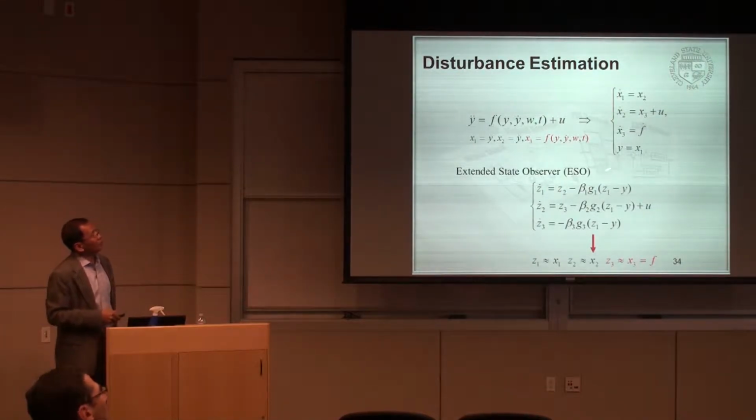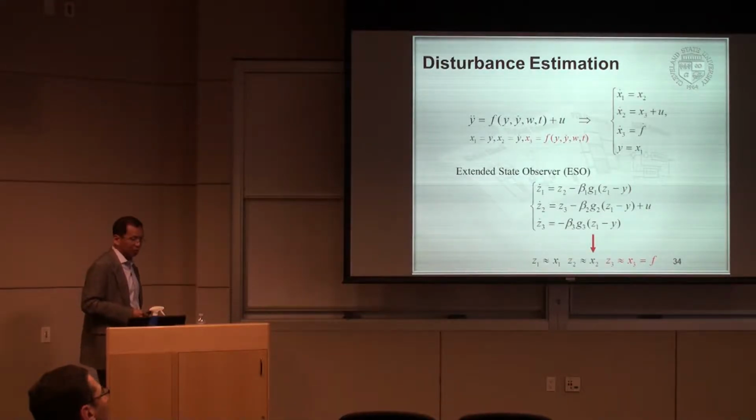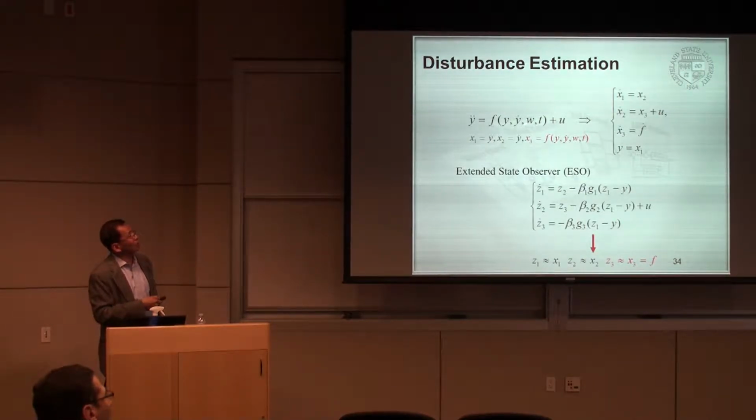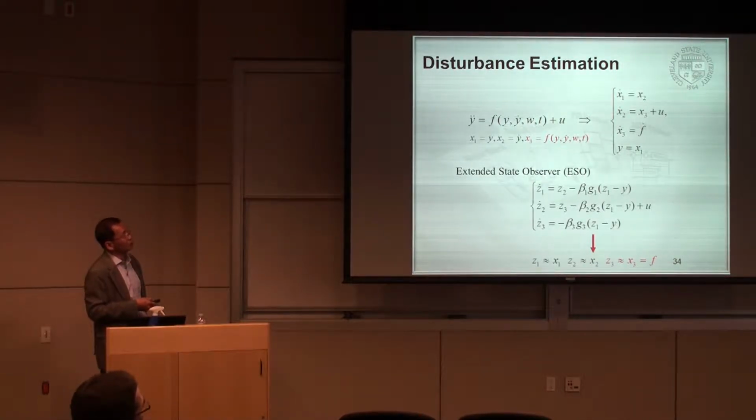And how do we estimate it? Well, start from this, we're using the concept of state observer in modern control theory. So we're actually taking a part of modern control theory and applying it here. Okay? But this is how we apply it. This is a second order system. Right? If you turn it into a state space, you will have two states. But here we define this unknown quantity as the third state. And we extend the state information. That's where the extended state observer, where the ESO name comes from.